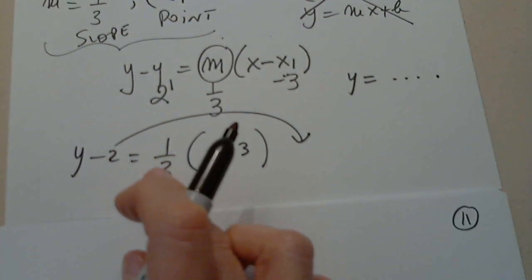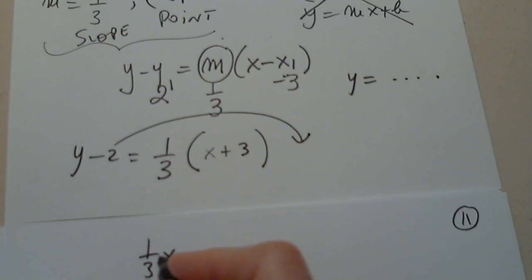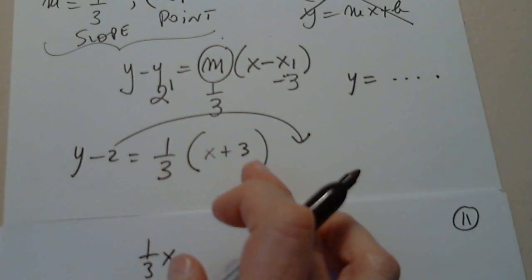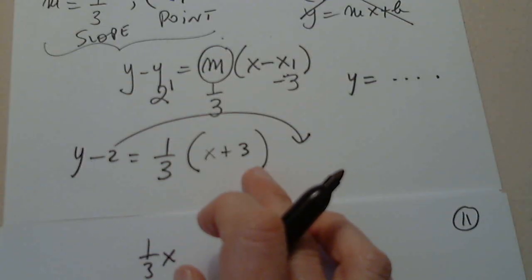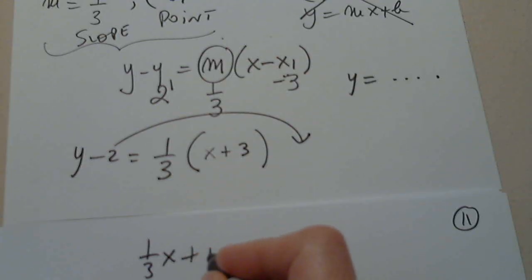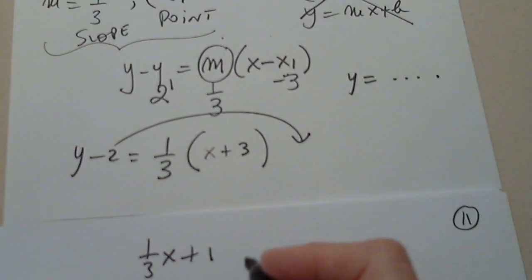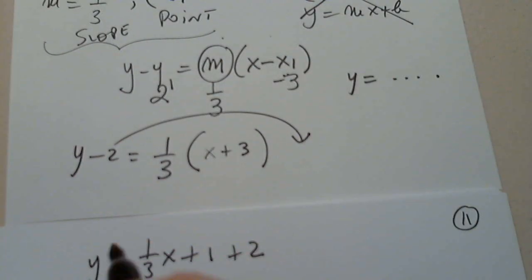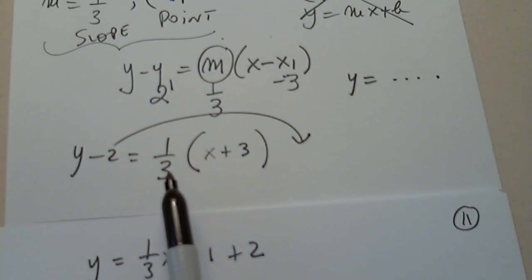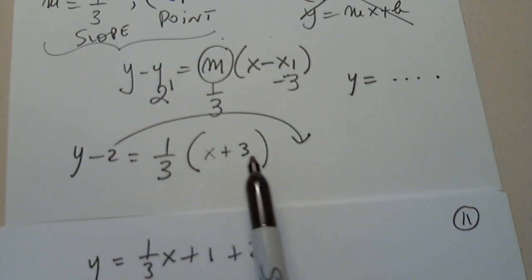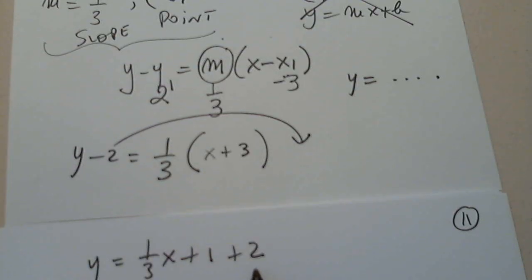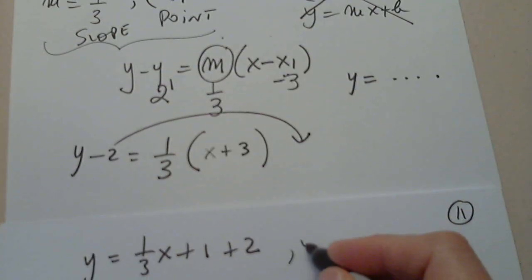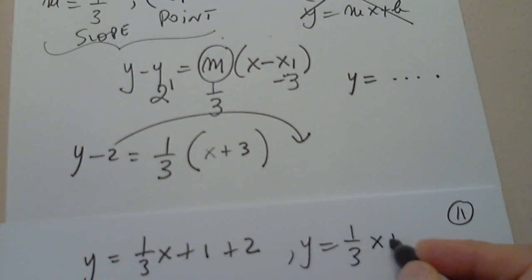So 1/3 times x is 1/3 x. How much is 1/3 times 3/1? That's nice, they're multiplicative inverses. Yes, plus 1, and then plus 2. And that's my y. Again, 1/3 times x is this, 1/3 times 3 is this, and then I brought the -2 to the other side, making it positive. So now I have the equation y equals 1/3 x plus 3.